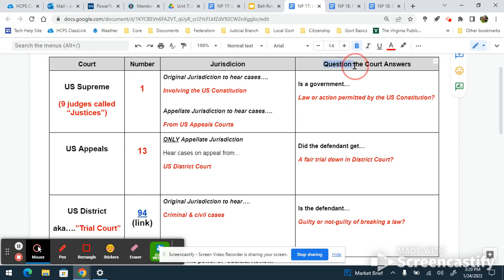And the question that they answer, most young people have never heard of. Their question is, is the government allowed to do what it's actually doing? This question is fascinating. You'll encounter some real life work of the Supreme Court later on during this unit.